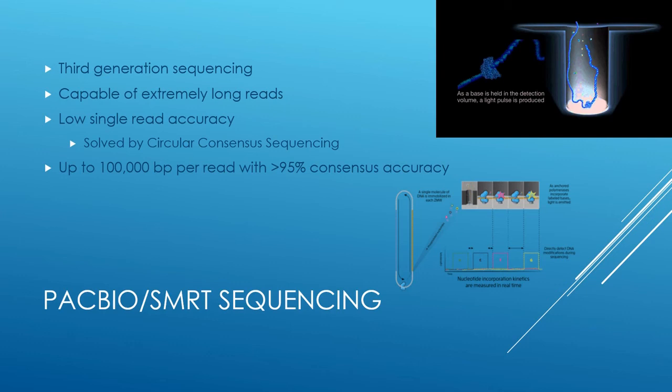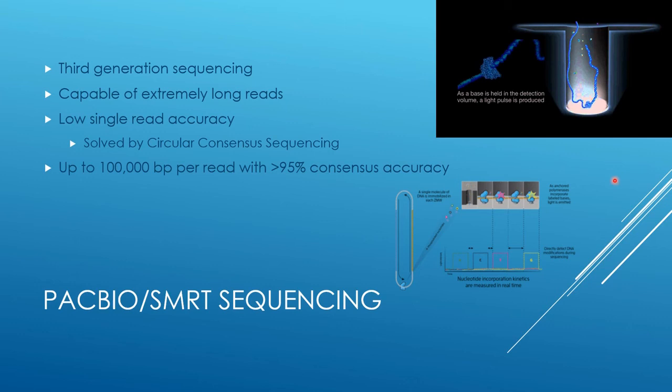We're talking up to 100,000 base pairs per read, and also with really high accuracy. It's good to note that sequencing methods like Illumina prefer shorter reads because longer reads will cause increasing disparities in accuracy. But through a technology called circular consensus sequencing, PacBio is able to sequence extremely long reads at high accuracy.